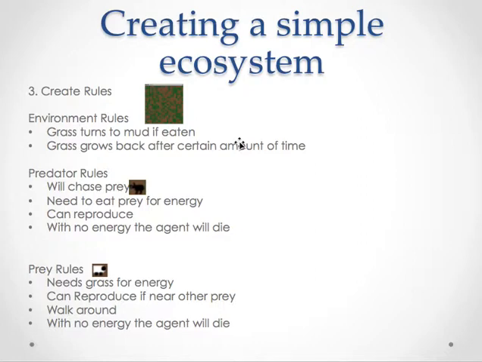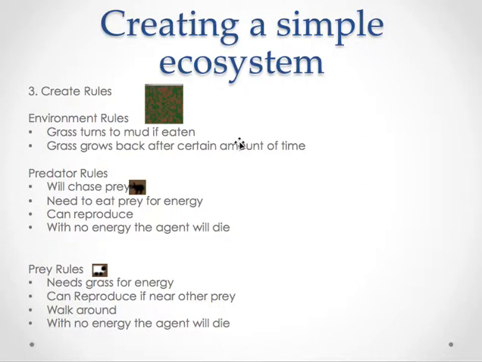So they need to keep eating prey agents to stay alive. And predator agents can reproduce. If two predator agents get together, there's a chance that they can reproduce, and what that chance is, the percentage or whatever, we can decide. We can set that in the code.